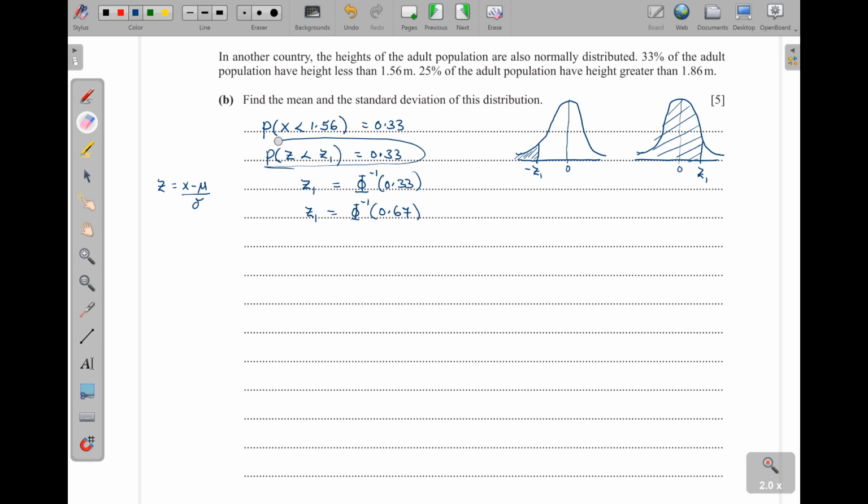It cannot be the second one, because that one is going to even be greater than 0.5. So meaning this is the one that I'm going to take. This one is bigger than 0.5. So meaning the z value is a negative, so I will include the negative here.